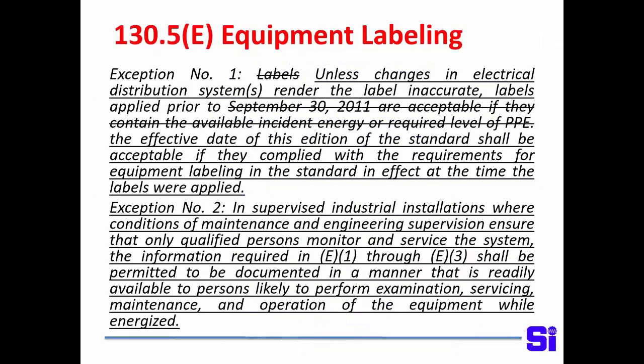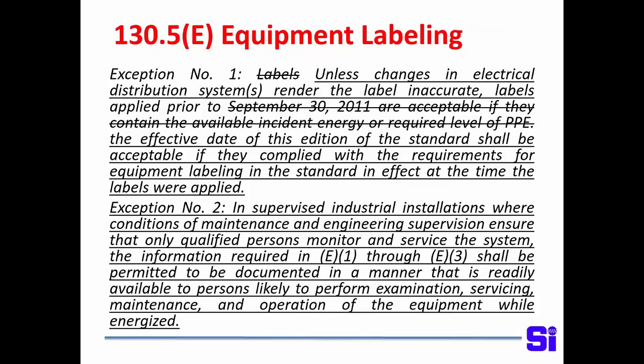Now, in the equipment labeling section, we had to change Exception number 1 because the September 30, 2011 date was really getting gray in the beard. So we changed it so that as we go forward, it will still be applicable.